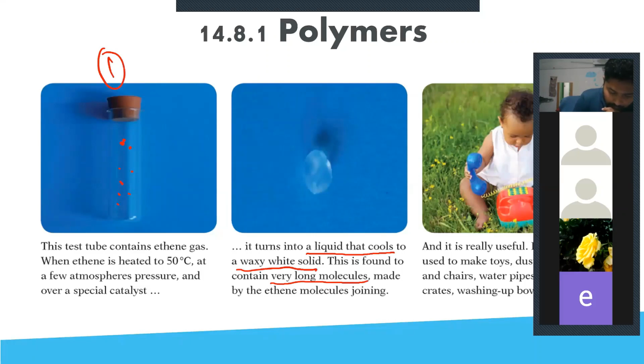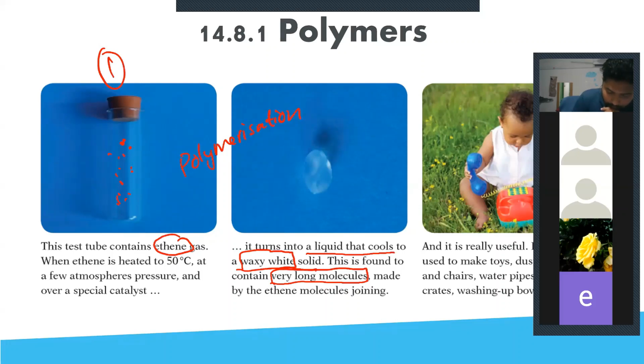So we are heating ethene. That means ethene molecules inside the test tube combine together to form a waxy white solid, which is a very long molecule. So which means there is polymerization going on.